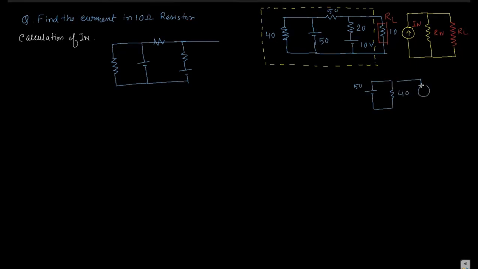It is nothing but the 50 volt. How? Because the current flowing through the circuit, according to Ohm's law, is 50 by 40 ampere.